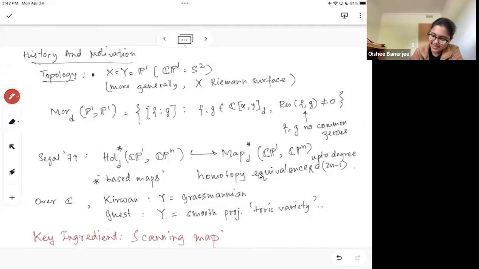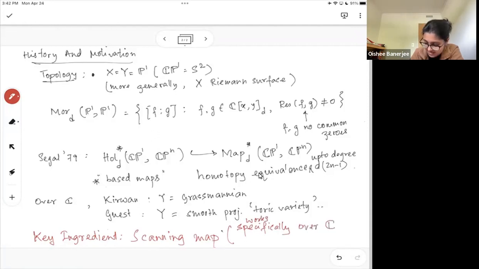And I want to highlight one thing. It works specifically over C, when the ground field is C, because it involves taking tiny neighborhoods in the analytic topology.